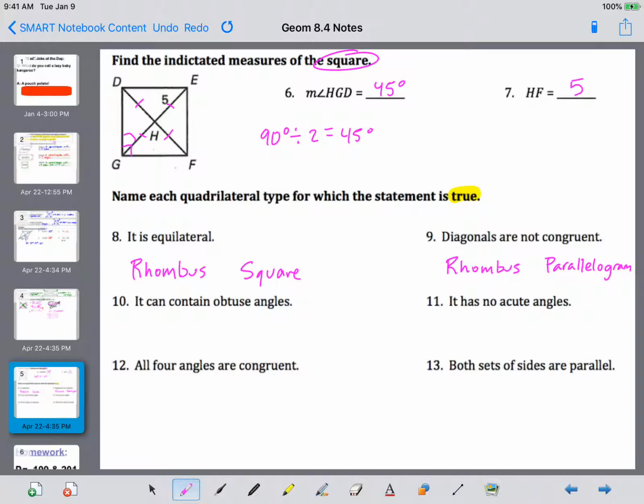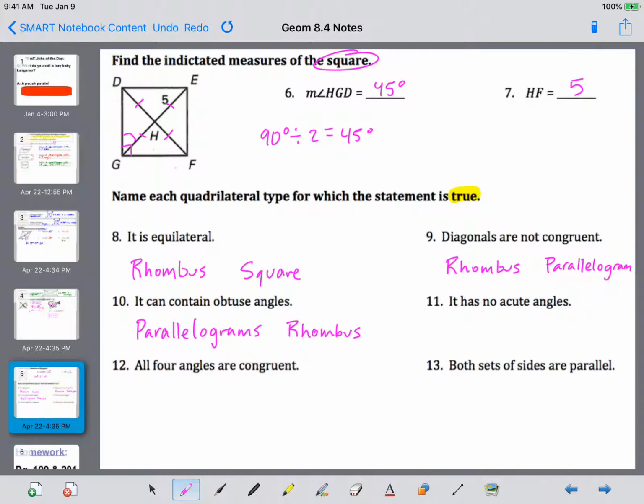Okay, number 10. It can contain obtuse angles. Well, that's not true in squares and rectangles because those are all 90-degree angles. They're all right angles. So you can have obtuse angles in parallelograms and in rhombuses. All right. It has no acute angles.